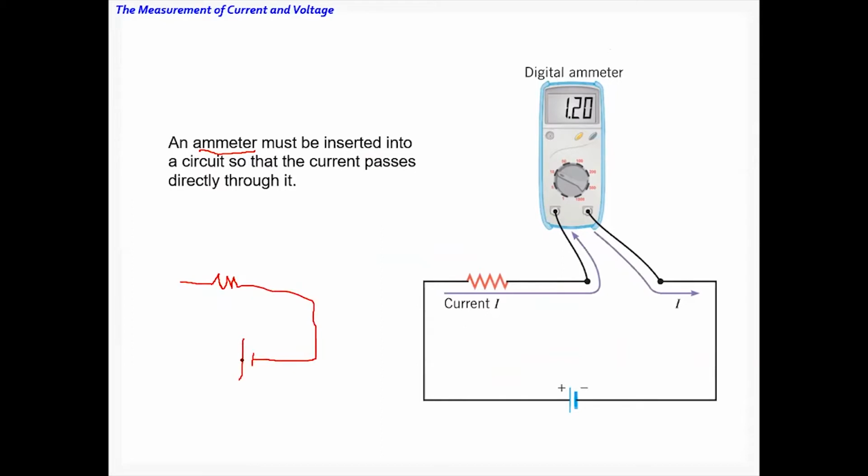This is plus, the other one is minus. This is the minus of the battery. Now the current flows this way. Remember, current always comes out of the plus and goes to the minus. This is always true, okay?